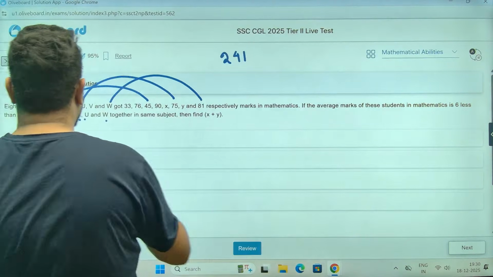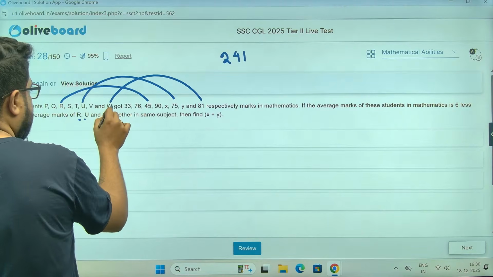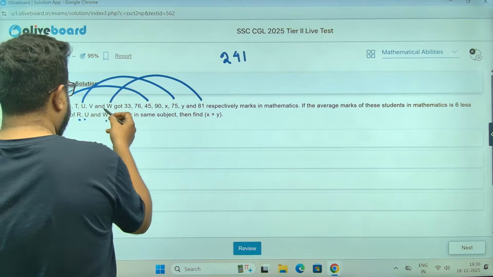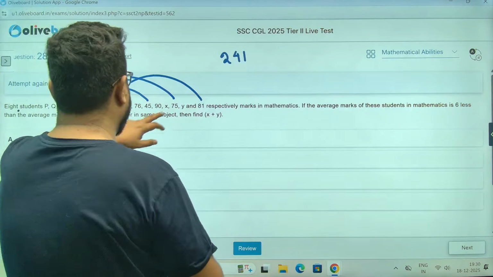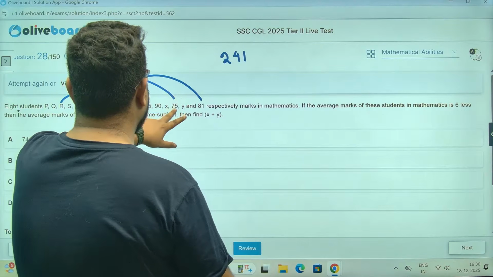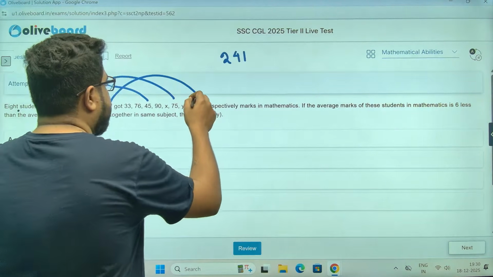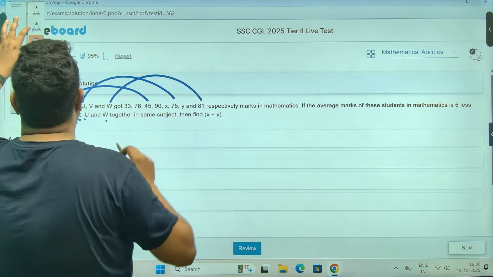Okay, 75, and sir, 80 and 40. That is 120. How did 120 and 240 come?